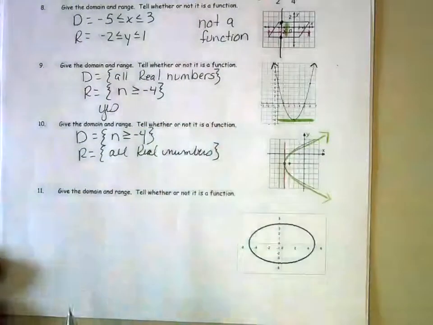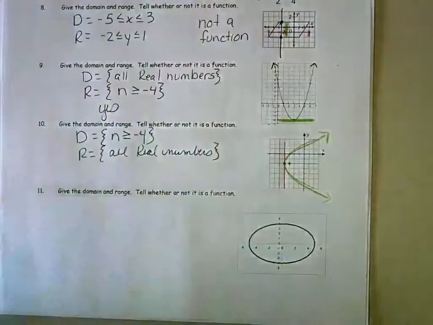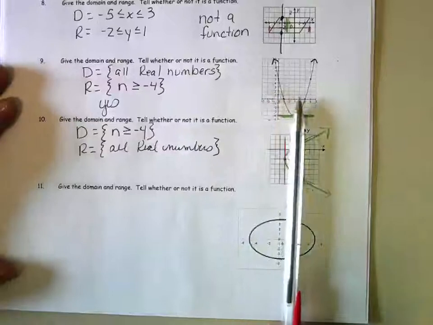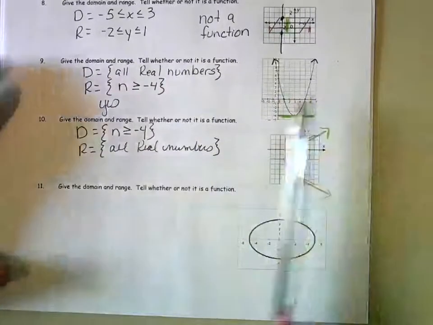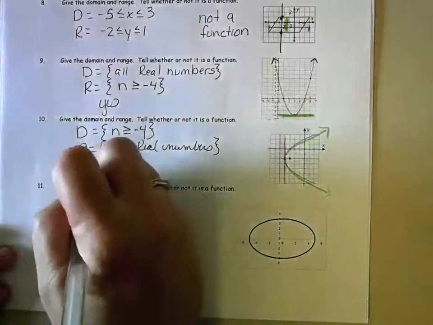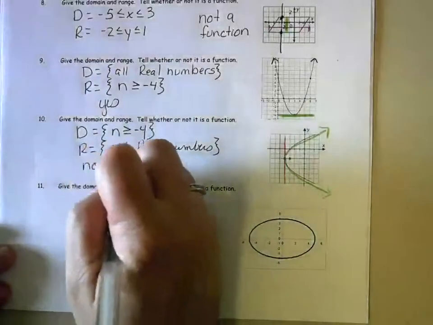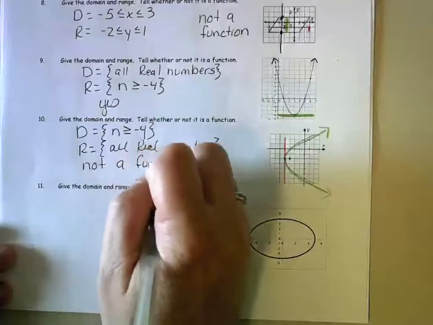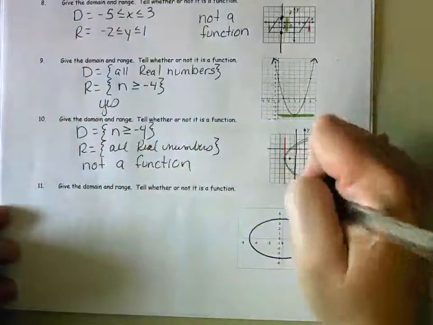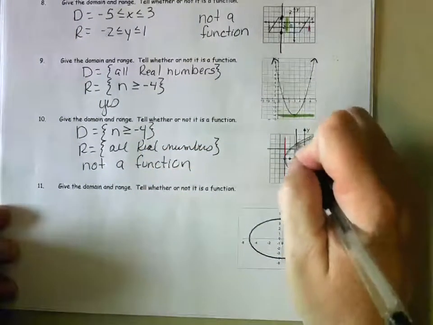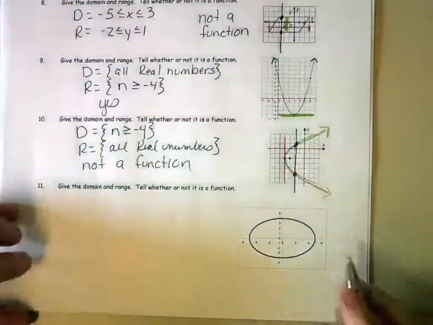And as far as the vertical line test, you pass this line, it touches in two places, and so that means it is not a function. I'm going to draw a vertical line here, touches in two places, so that is not a function.